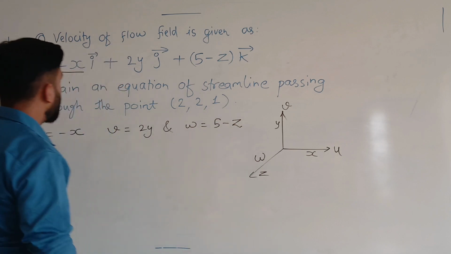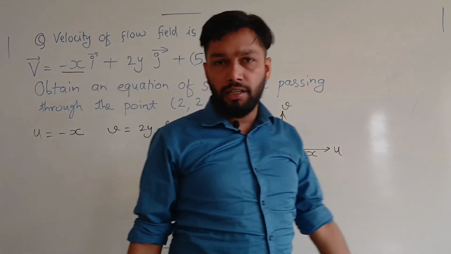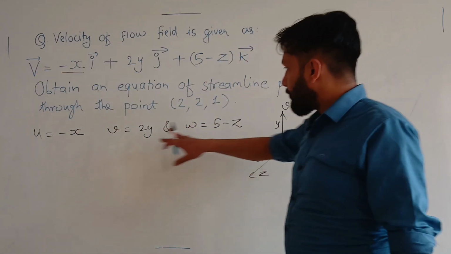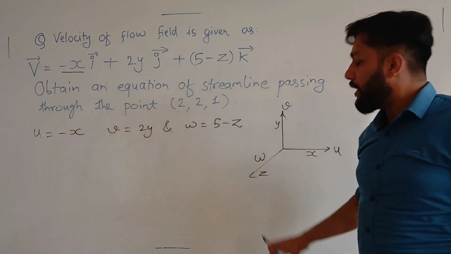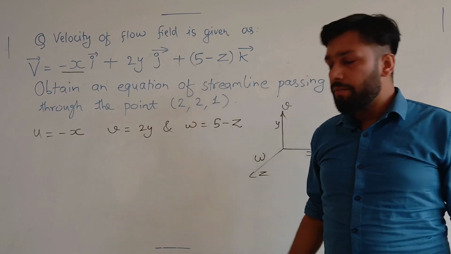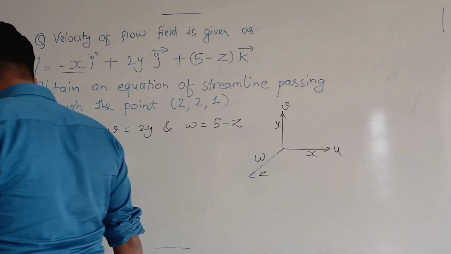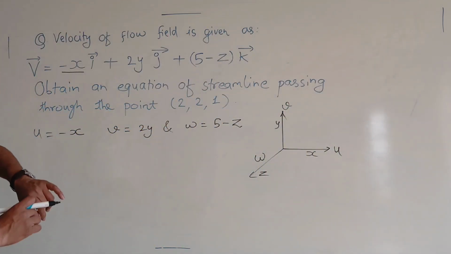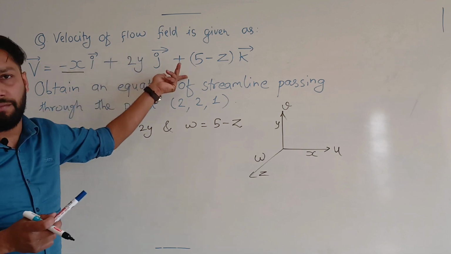I have extracted these velocity components from the velocity field, and these are the components of velocity in the three-dimensional system. Now let's find out the streamline for this three-dimensional system.